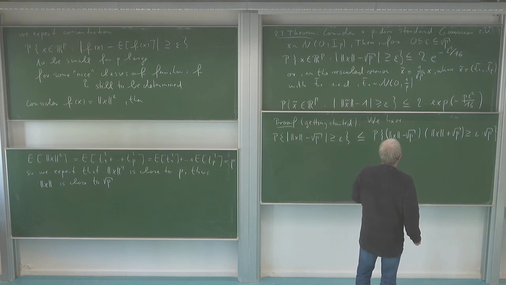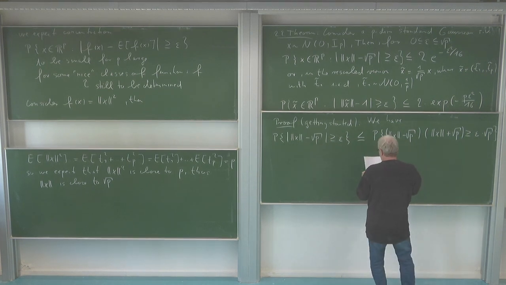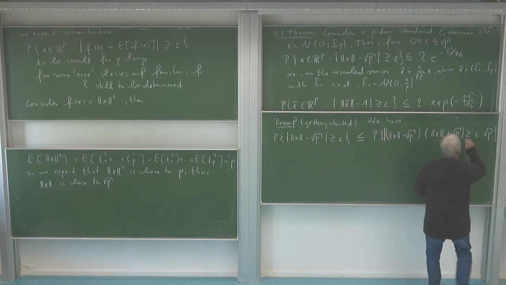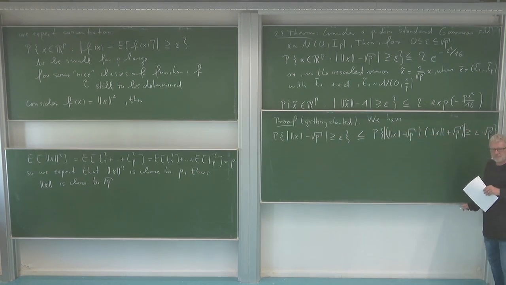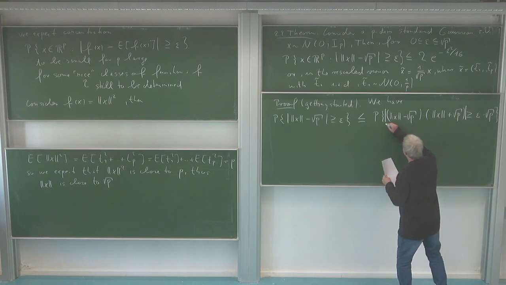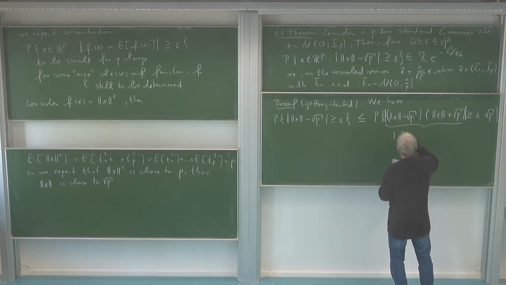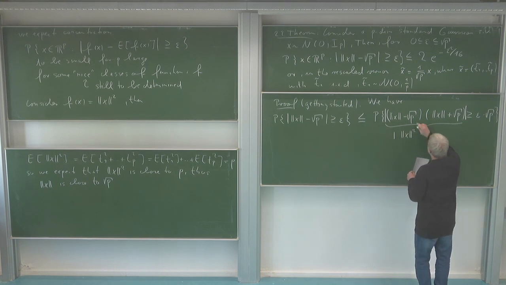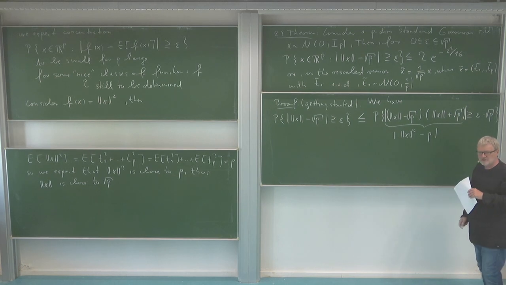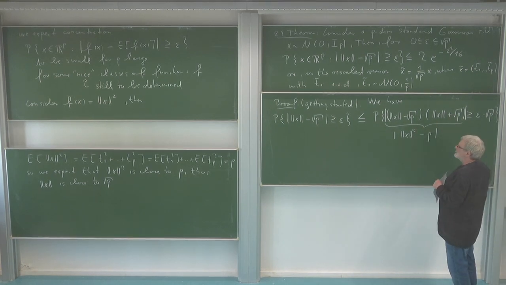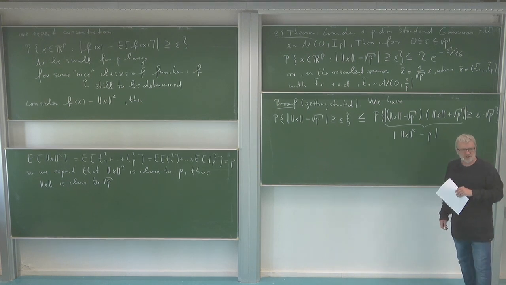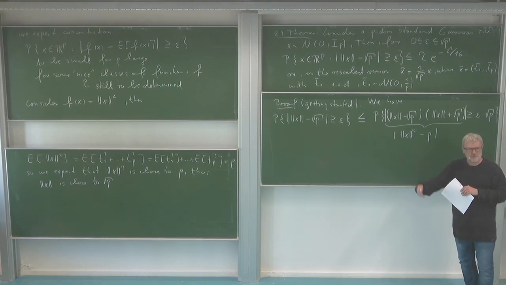Yeah, the absolute value should still be there. Or maybe here. Okay, but this product here is now the absolute value, so I get here the square, and I get here the square of the square root of p. And so now you see I have the corresponding concentration inequality for the square of the length.